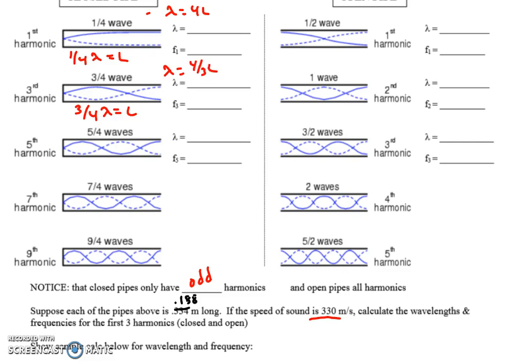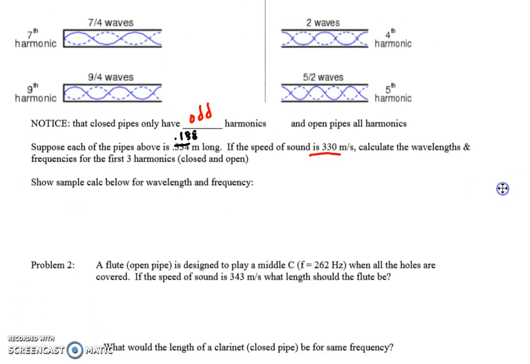Okay, so if I show my work down here, for the first harmonic, we said that there is 1/4 of a wavelength in L, therefore lambda is 4L. 4 times 0.188 gives us a wavelength of 0.75 meters exactly.